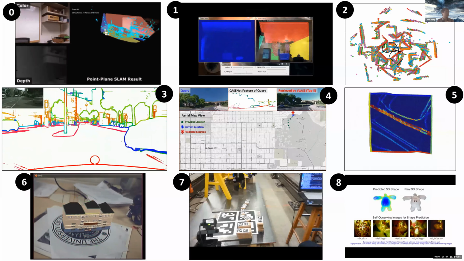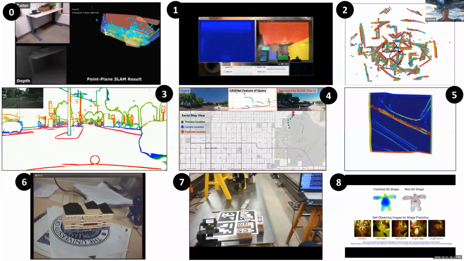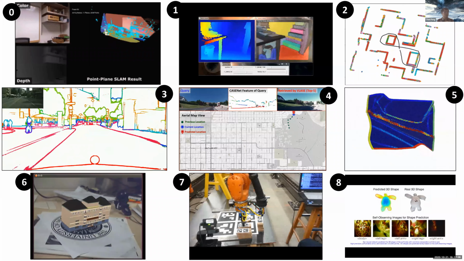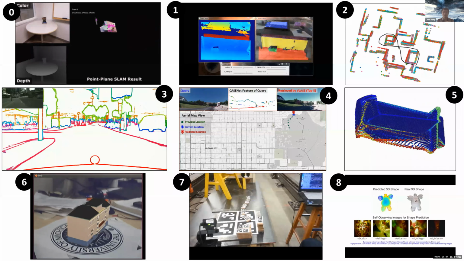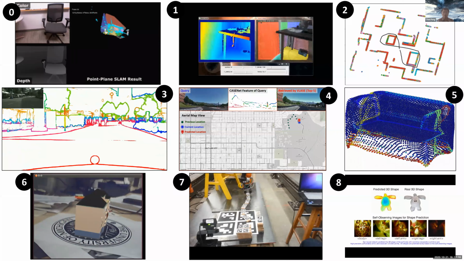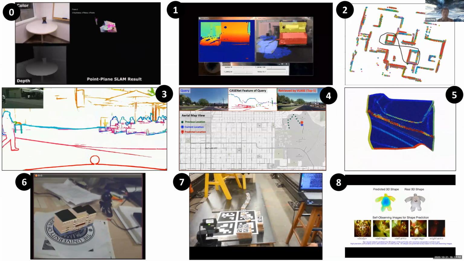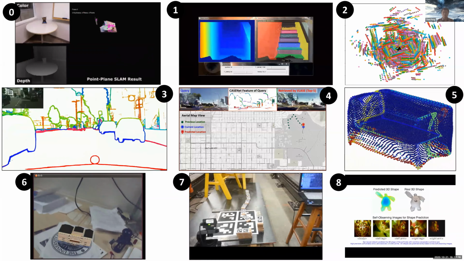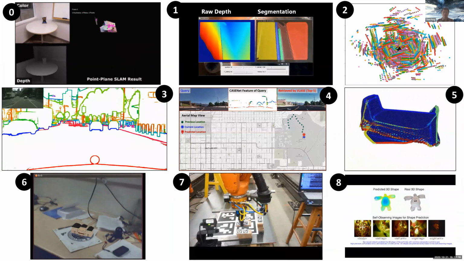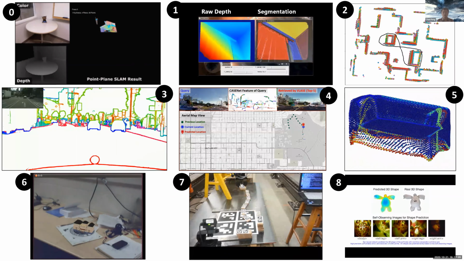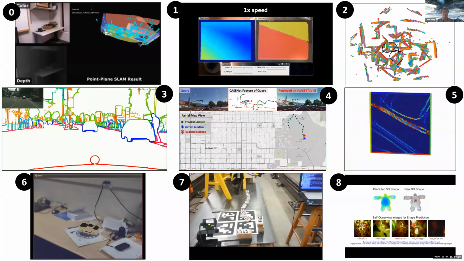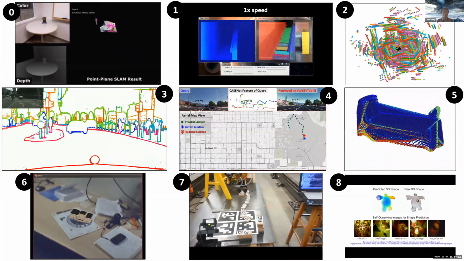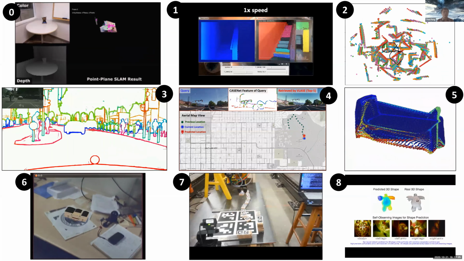For each video, I gave it a number. The intention is to do a poll: if you're interested in one of the videos, just either shout out the number or type it in the chat. Then I can give you a brief explanation of what that is and how it connects to what we're discussing today.